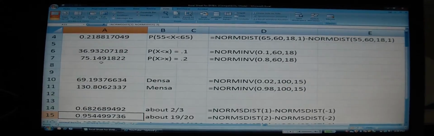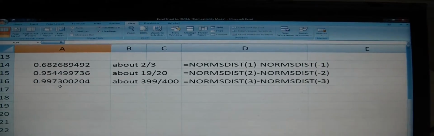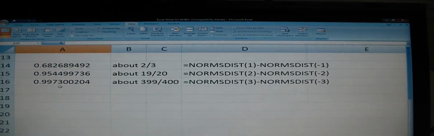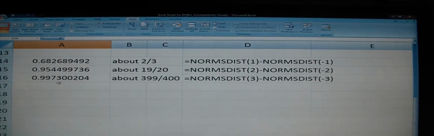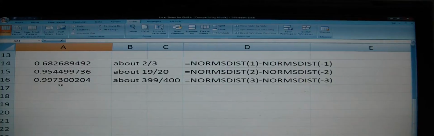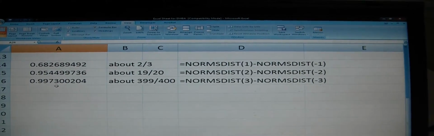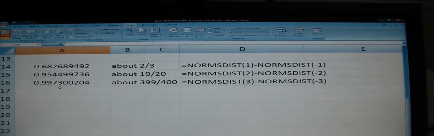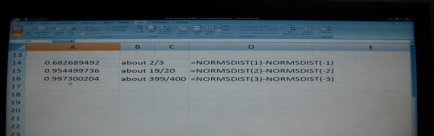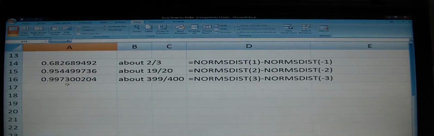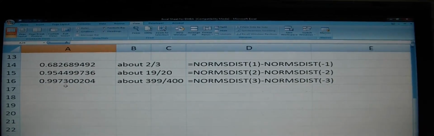Lastly, I did the calculations I showed for those quick estimates, and in this case I used the NORM.S.DIST function, which is for a standard normal random variable. It says that the probability of being between +1 and -1 standard deviations from the mean is about 2/3 or 0.682.